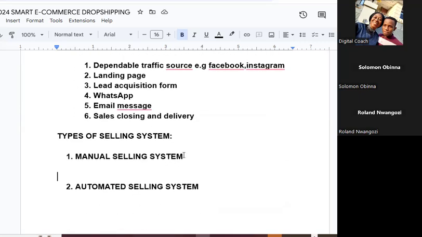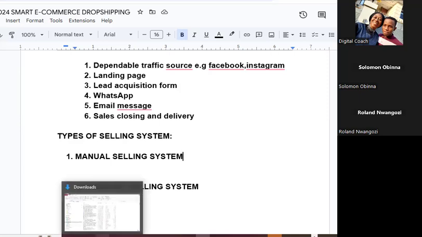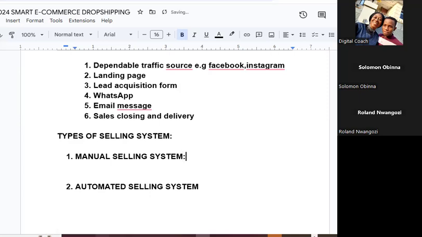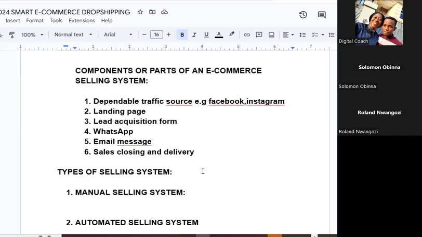Now in the manual selling system, what happens is this: what is removed? A landing page is removed. There's no landing page. Okay.